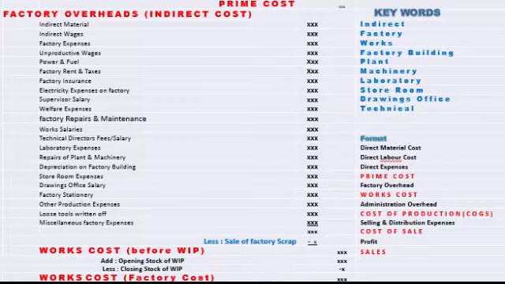Some scraps are generated. If you sell them, then you deduct from the total of expenses. The ultimate result is works cost before work in progress. Add opening stock of work in progress, deduct closing stock of work in progress. The ultimate result is works cost, also called factory cost.